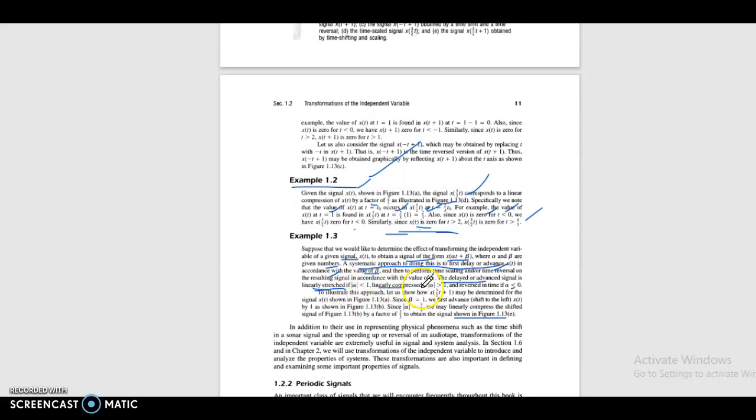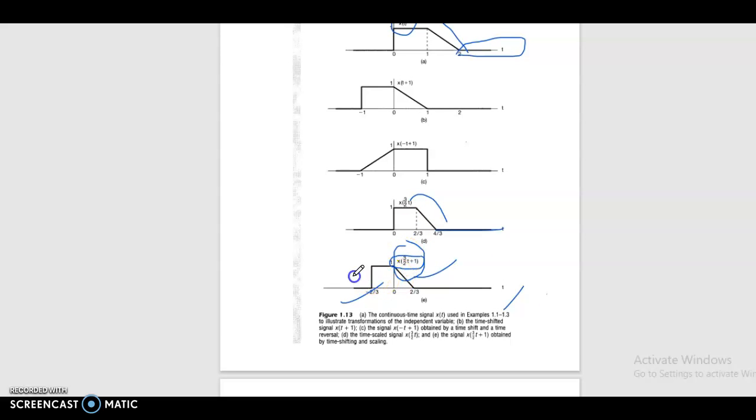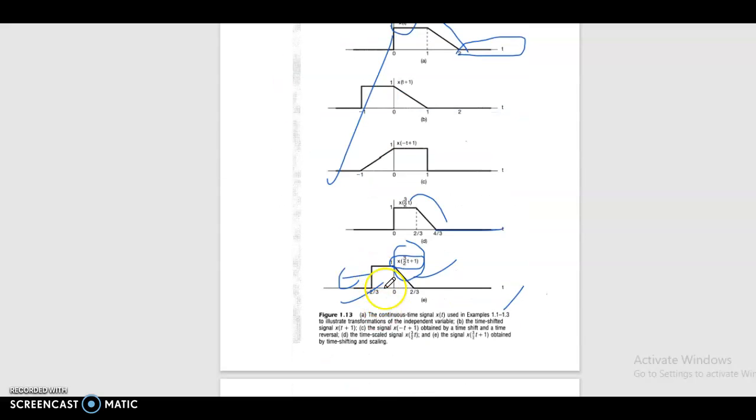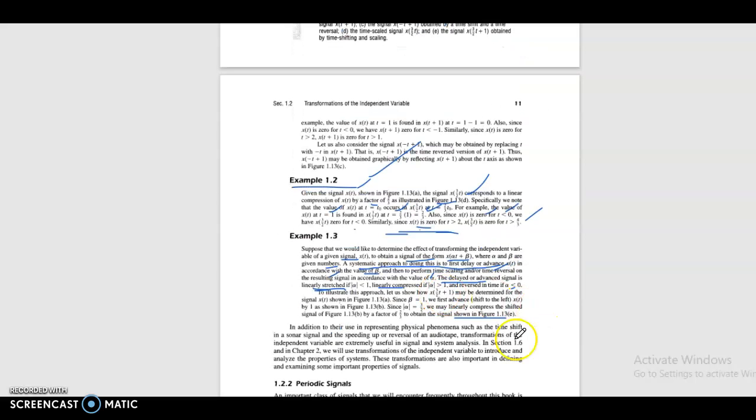To illustrate, let us show x of 3 by 2 t plus 1 may be determined for the signal x of t shown in figure 1.13a. Since beta here is 1, we first advance, shift to left x of t by 1 as shown in figure b.